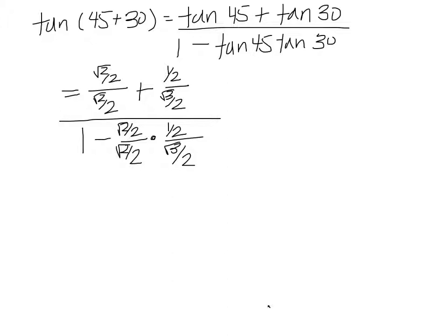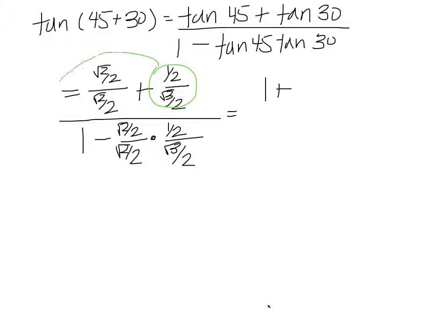What's the square root 2 over 2 over square root 2 over 2? 1. Okay, so that simplifies to be just 1 plus, almost. Does anyone remember what that simplifies to be? Or should we work it out? It's going to be square root 3 over 3.